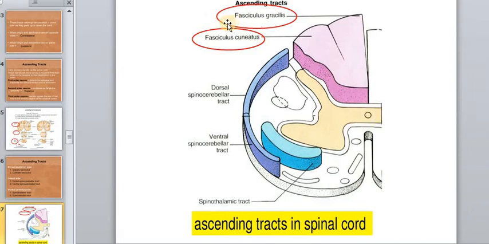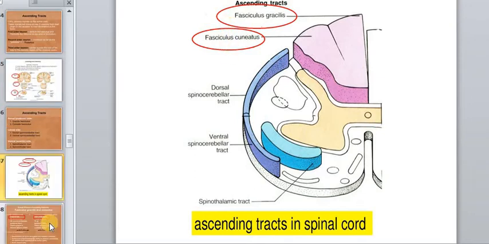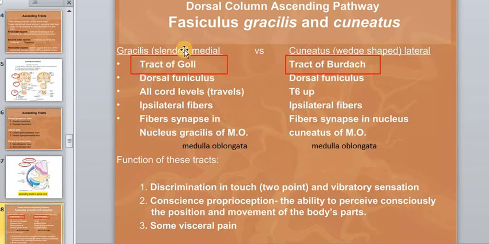Fasciculus. They are also called Goll and Burdach. Here you can see these names: Tract of Goll and Tract of Burdach. It's just names of scientists.